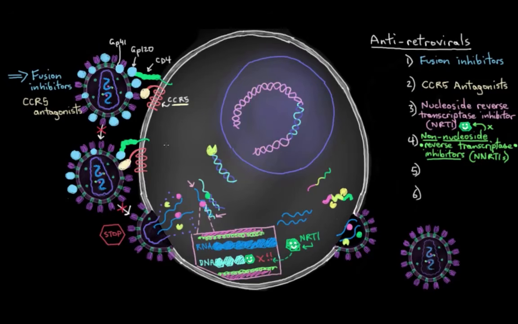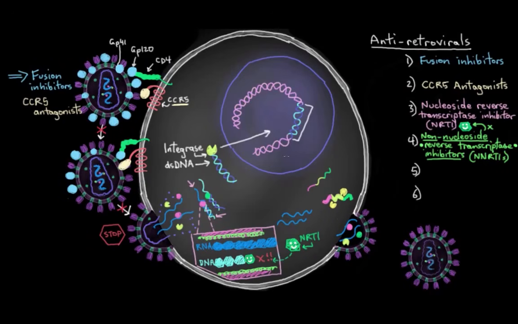But let's say that HIV mutates, again, as it often does, and then these drugs just don't work anymore. What's the next stage we can interfere with it at? Well, remember this viral integrase enzyme grabs a hold of this double-stranded viral DNA here, and then it tries to bring it into the nucleus to integrate it into our DNA.